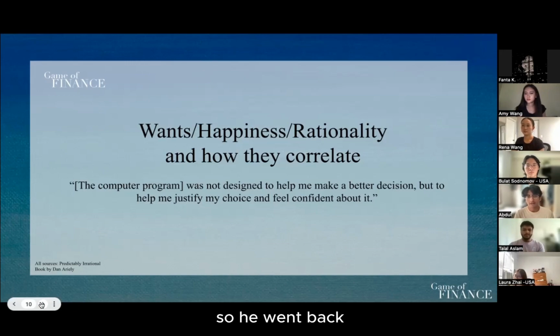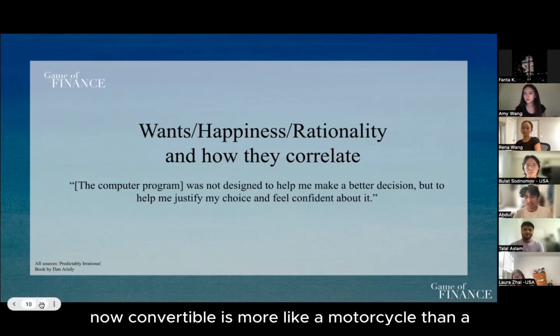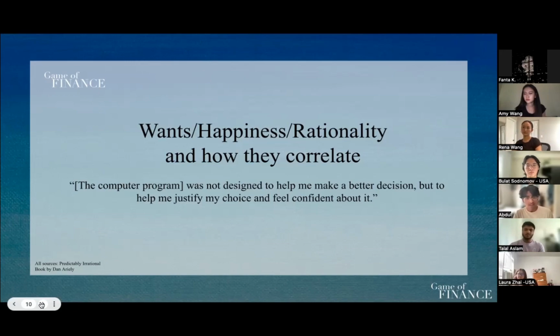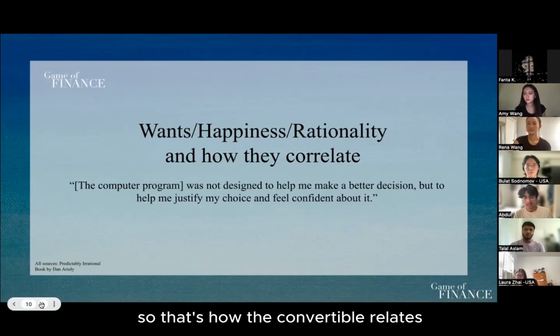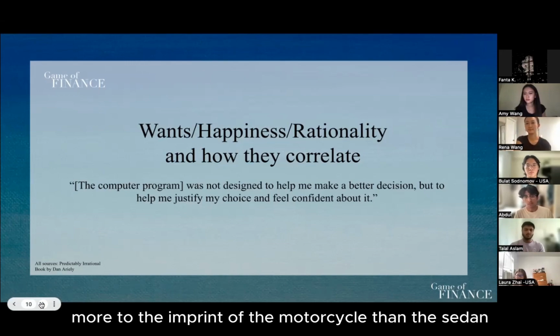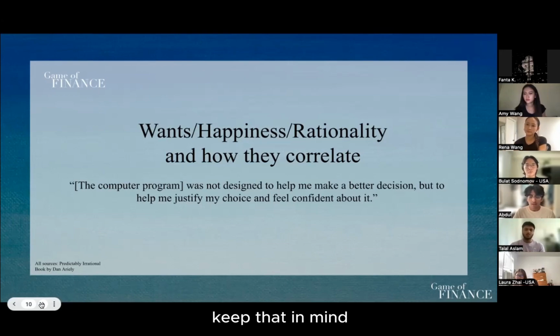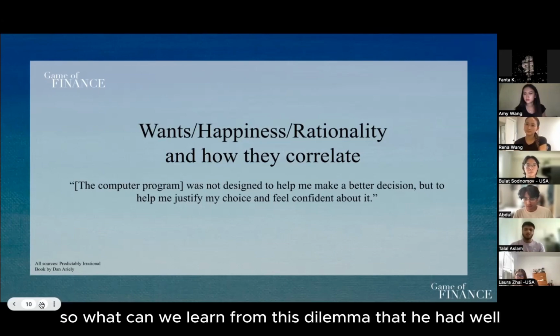And so he went back and changed his answers until he got something that he liked, which was a convertible. Now, a convertible is more like a motorcycle than a sedan, right? So that's how the convertible relates more to the imprint of the motorcycle than the sedan. Keep that in mind.